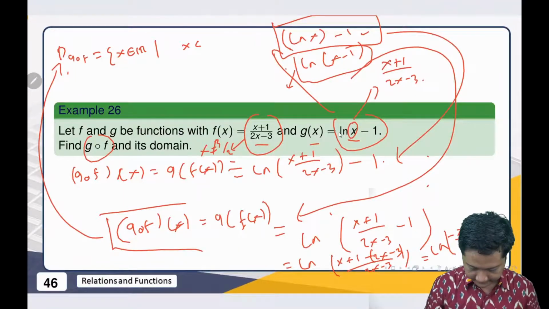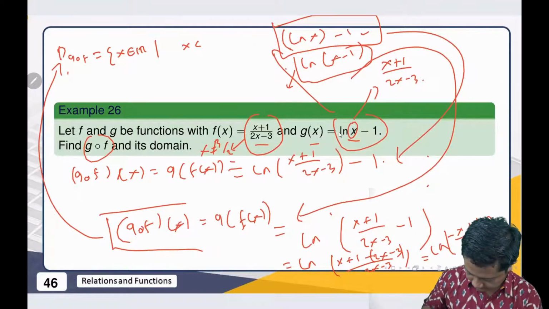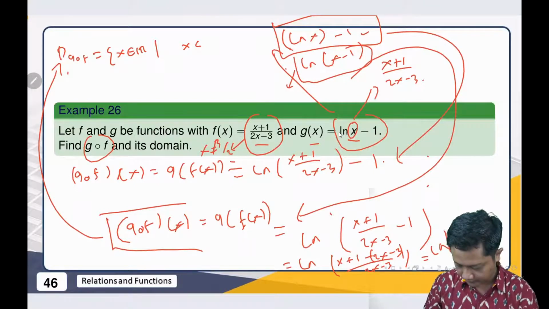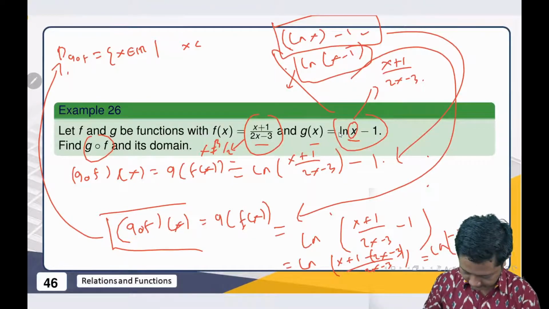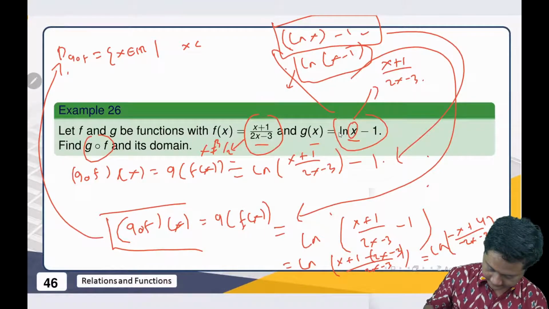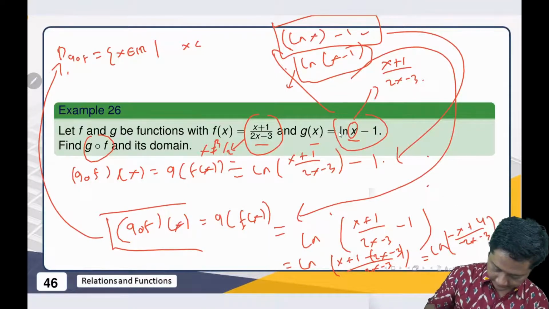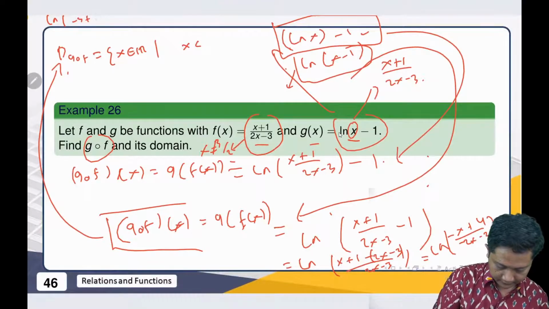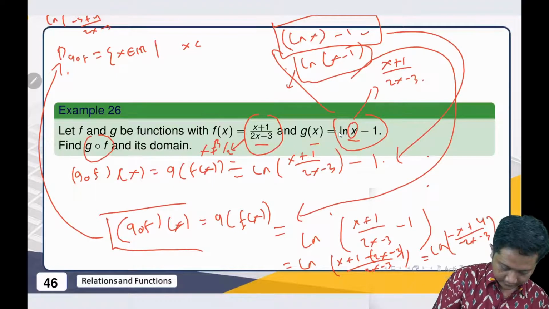So I think what we have here, minus x plus 4, this part over this. So it cannot be this one if we have ln. The reason is because when we have ln of something, so (minus x plus 4) over (2x minus 3) should be greater than 0, right?